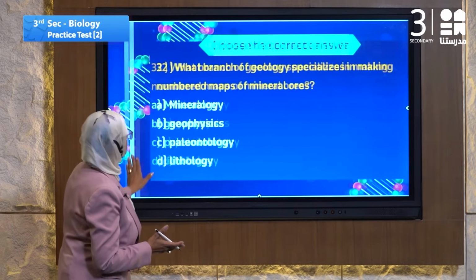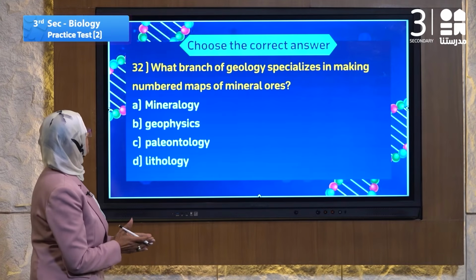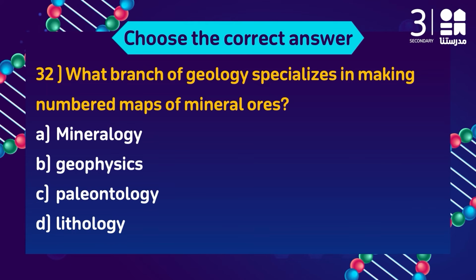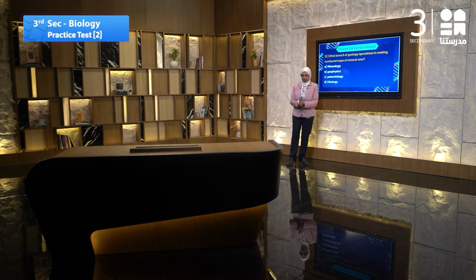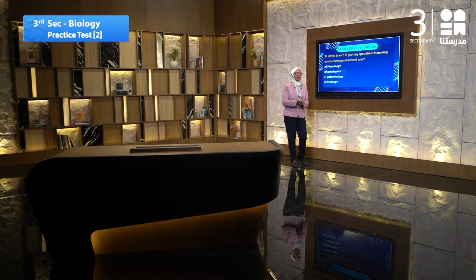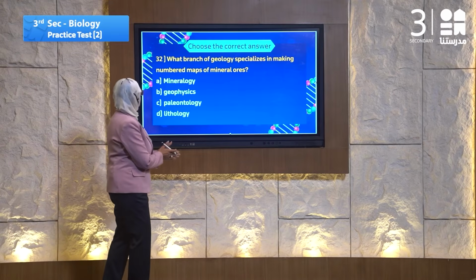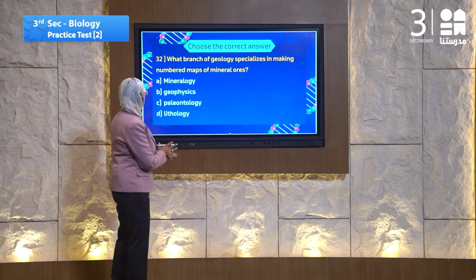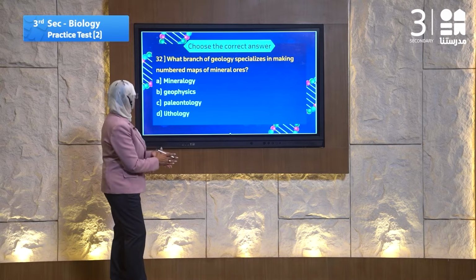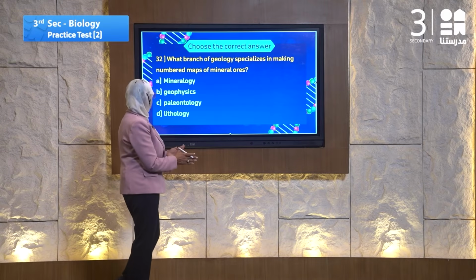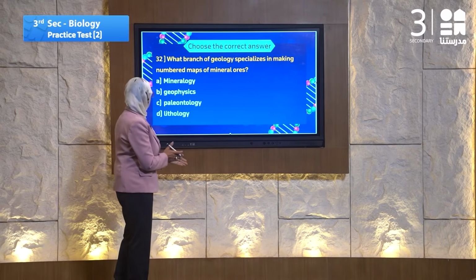Let's go to 32. Question 32 is about the branch of geology specialized in making numbered maps of mineral ores. We speak about the mineral ores and their economic value in earth science. A: mineralogy. B: geophysics. C: paleontology.